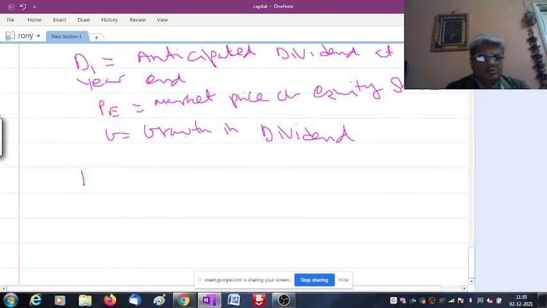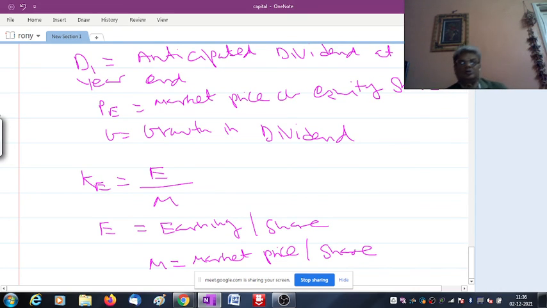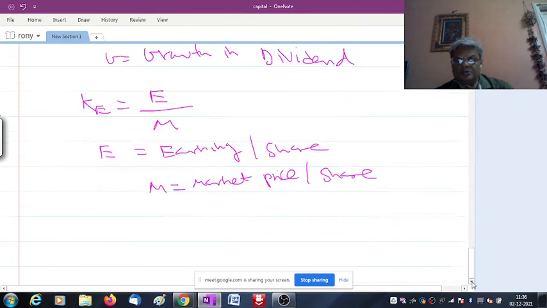Next model, K equal to E by M, where E equals earning per share and M equals market price per share. Got it? So these are the various ways to estimate the cost of equity.